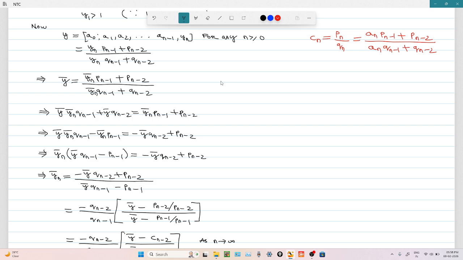We just take the conjugate of yn. We take the conjugate and multiply this to this, then yn bar q n minus 1 plus yn bar q n minus 2 equals yn bar p n minus 1 plus p n minus 2, so yn bar times q n minus 1 minus p n minus 1 equals minus yn bar q n minus 2 plus p n minus 2.